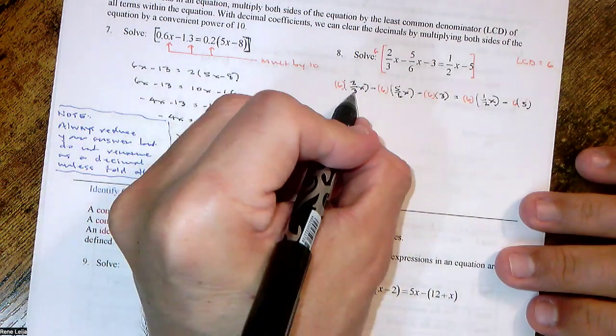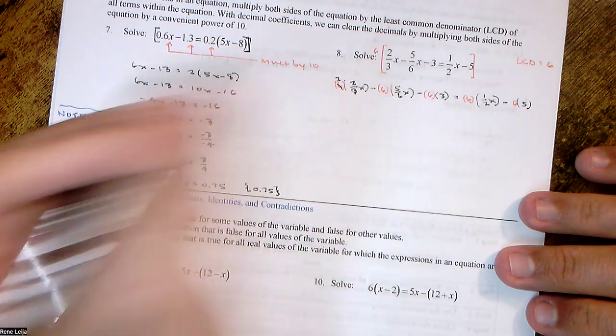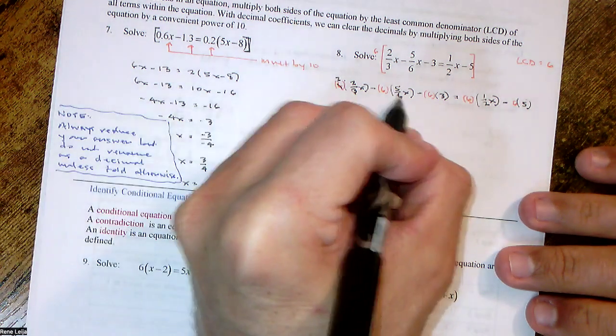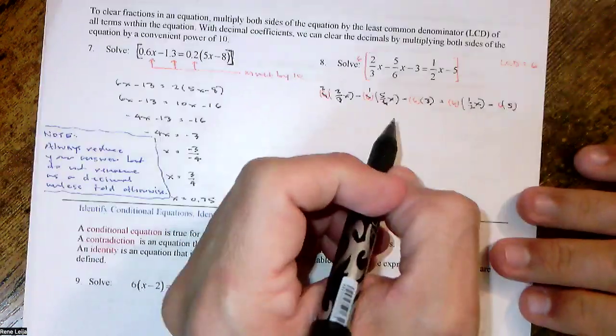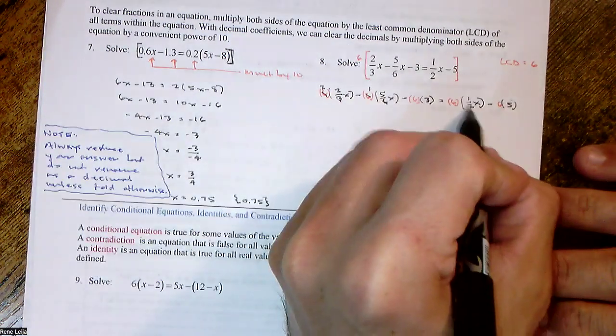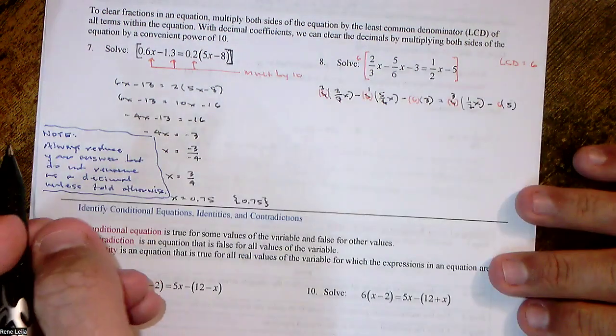All right, so here we go. So 3 goes into 6 2 times. 6 goes into 6 1 time. The 6 times 3 we're going to multiply. 2 goes into 6 3 times. And then the 6 times 5 we're going to multiply.